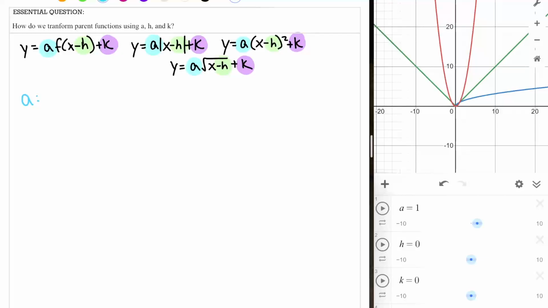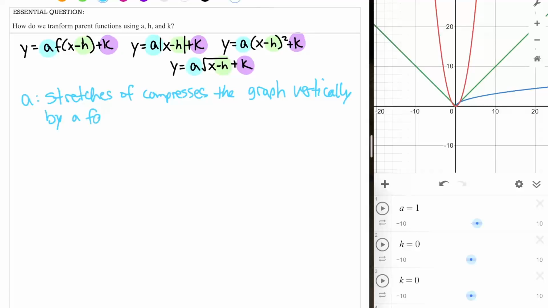So a stretches or compresses or shrinks the graph vertically by a factor of a. That's the first transformation here. And notice when it was negative, it also flipped it upside down.